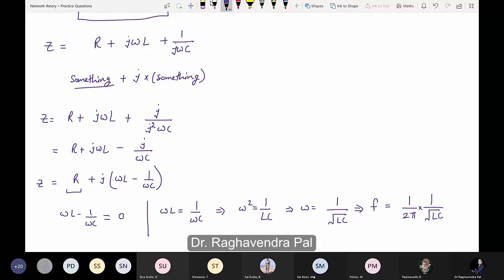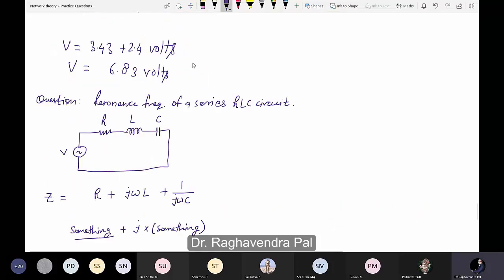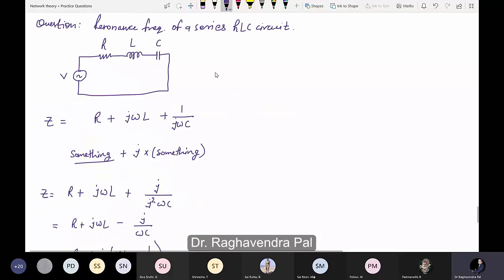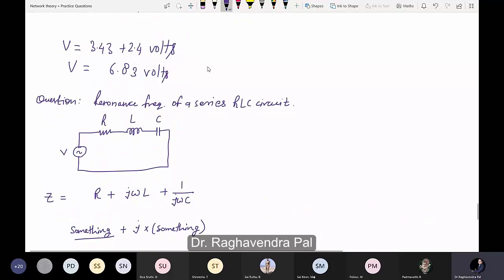Okay, now if you want to check the resonance frequency of parallel RLC circuit, what you will have to do? I will not solve it for you. You have to solve it yourself. This is the parallel RLC circuit.